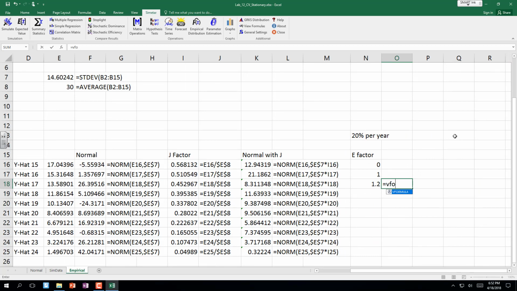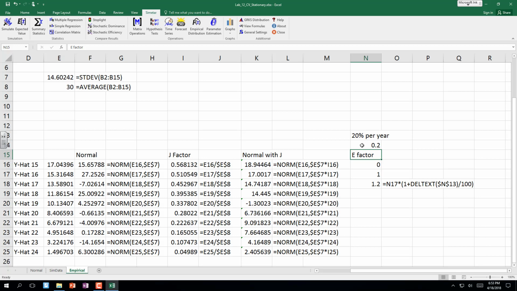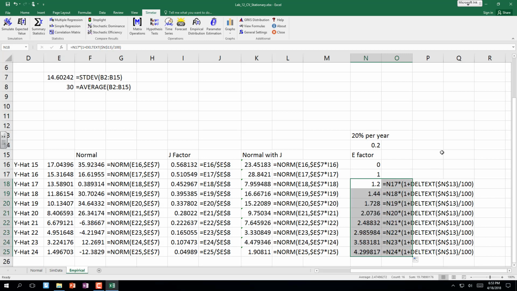Let me show you that. Equal V formula. Now, it would have been easier if I would have just typed a 0.2 up there, right? I could have done 0.2. It's the same thing. So I can delete text.